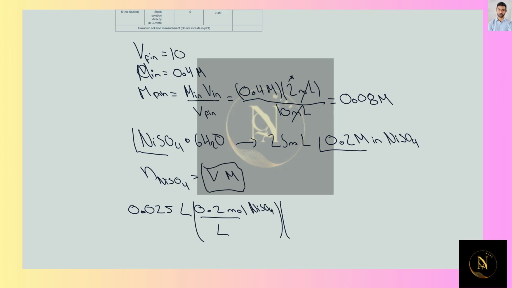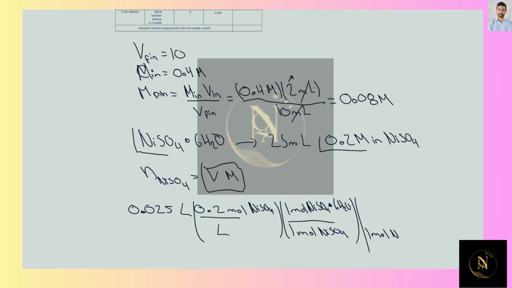Next up, I know that 1 mole of nickel sulfate is going to come from 1 mole of the nickel sulfate with 6 waters, the hydrated nickel sulfate. And I'm going to use the molar mass of hydrated nickel sulfate in order to know the mass.